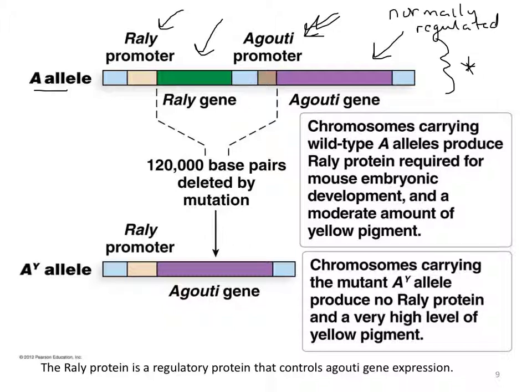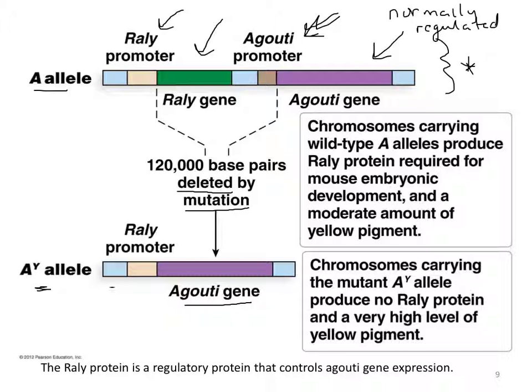Now, in contrast, down here, we have the mutant allele, and that mutant allele is an example of a deletion mutation. So we lost about 120,000 base pairs by deletion, giving rise to an altered gene structure. We still have all of the agouti gene, but we've lost the agouti gene promoter, and we've lost the rally gene.